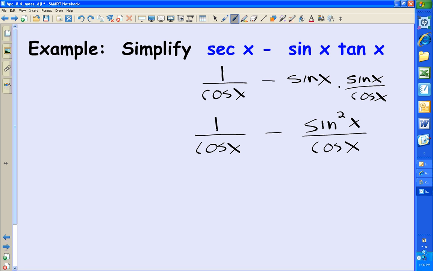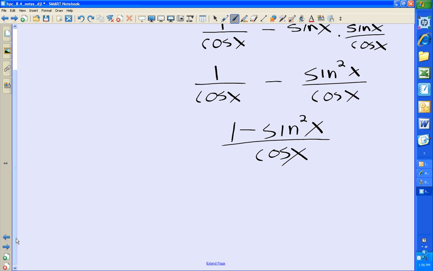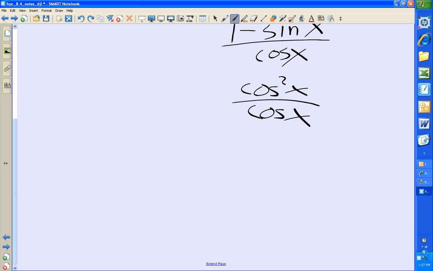How can I combine these? 1 minus sine squared x over cos x. What's 1 minus sine squared? Cosine squared x over cos x. Leaves us with cosine x.